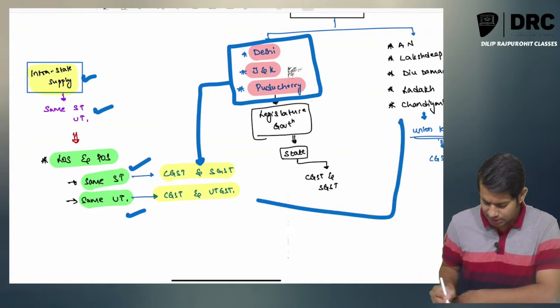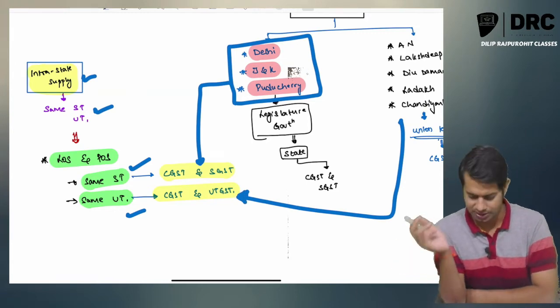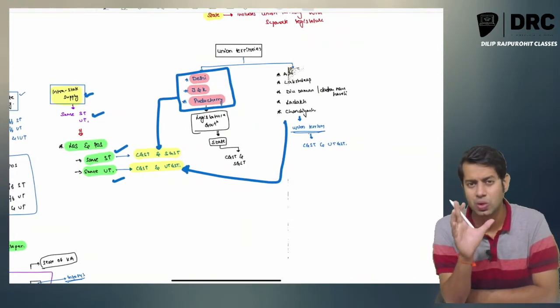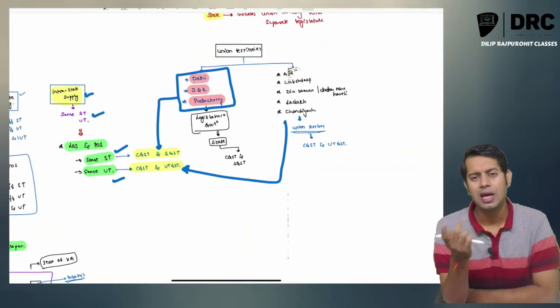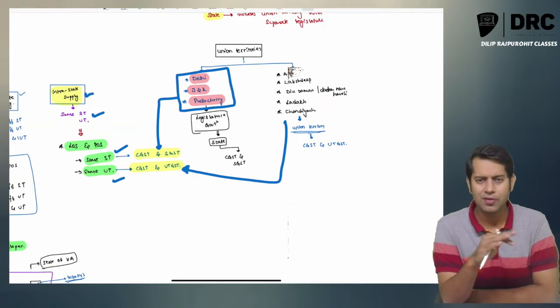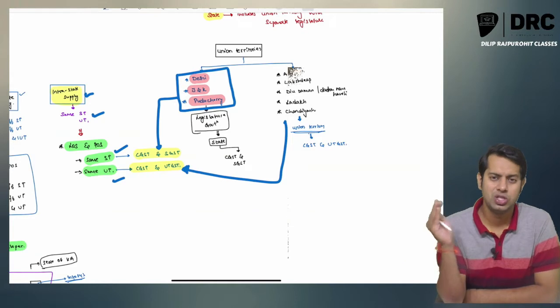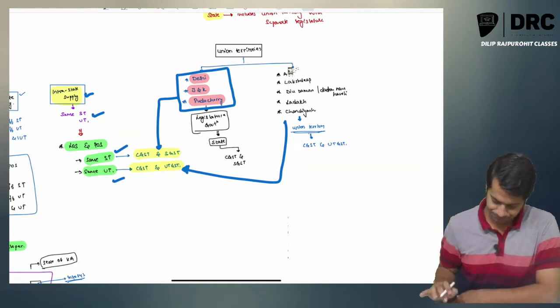And for other union territories, it is simple, CGST and UTGST. I hope this point is very clear to you all, because in examinations most students make this mistake wherein there is a supply from one place in Delhi to another place in Delhi. They write the answer as CGST and UTGST, which will be wrong.